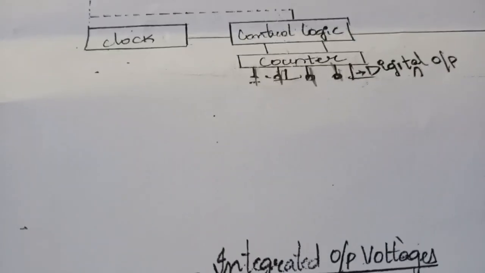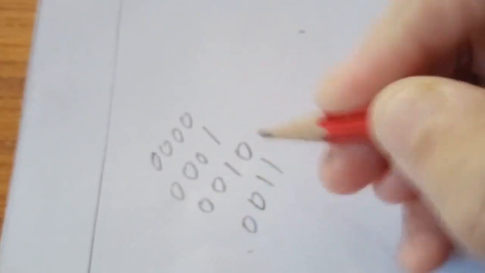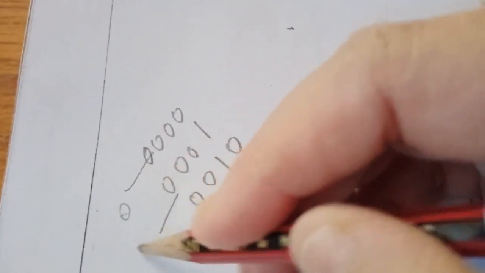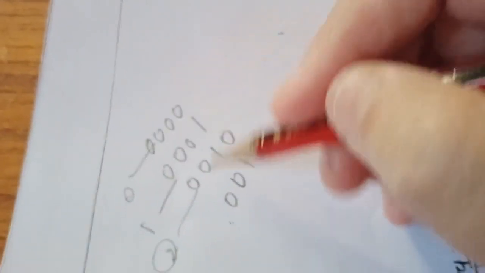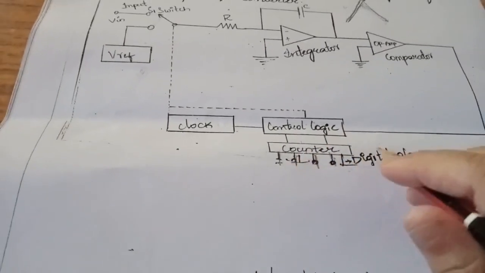What is the equivalent of 2? In the table itself you have written 0 0 0 0, 0 0 0 1, 0 0 1 0, 0 0 1 1, so the equivalent of 2 will be displayed on the digital output.